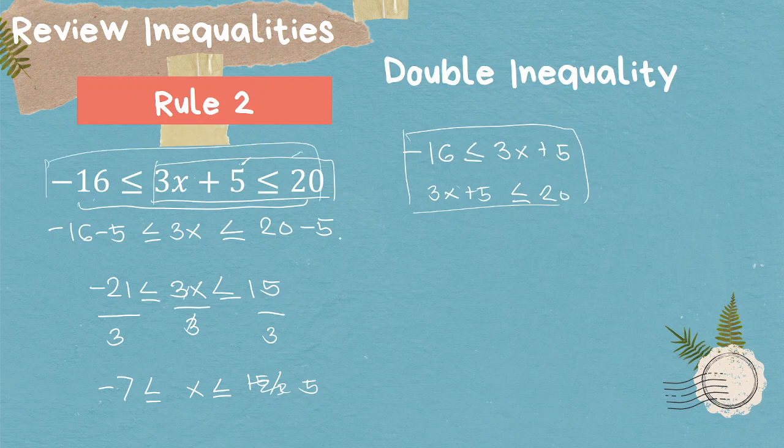We can separate this into two inequalities. That's why it is a double inequality. If we separate that into single inequalities, we can get the first one and the second one.